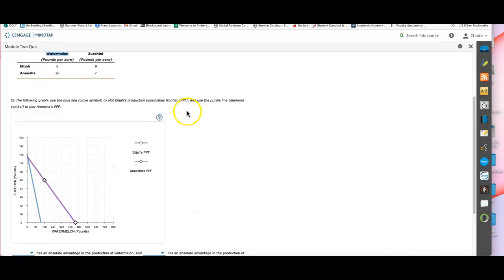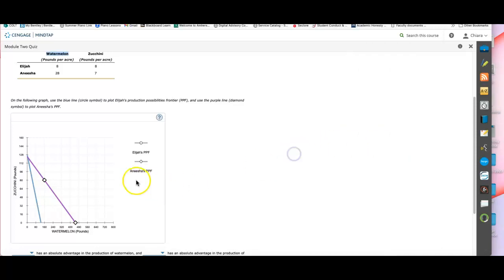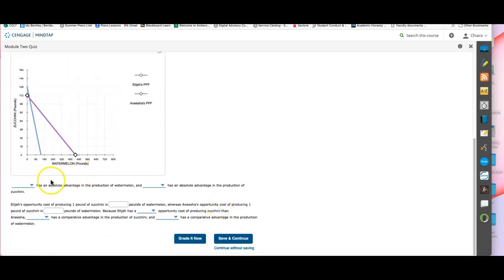For the second one, I have 7 pounds of zucchini per acre, so I'm going to do 16 times 7 equals 112. So I'm going to drag this other spot and find 112 and make sure it's 0 and 112. And down here is 0, 448. So this should be my production possibility frontiers for Elijah and Anisha.